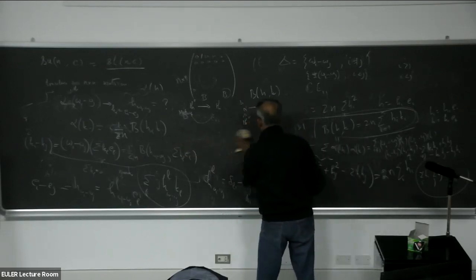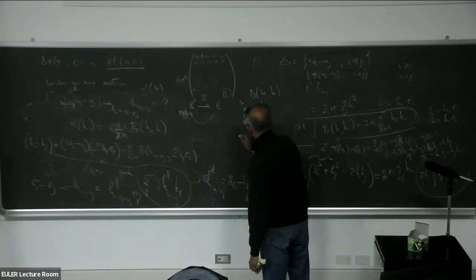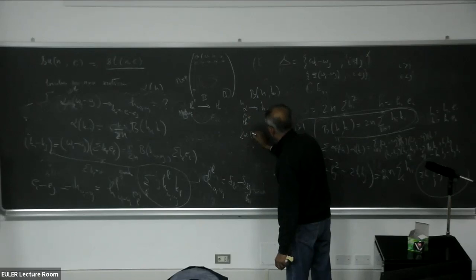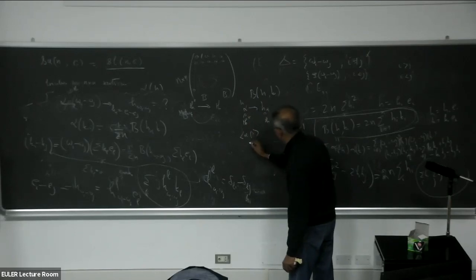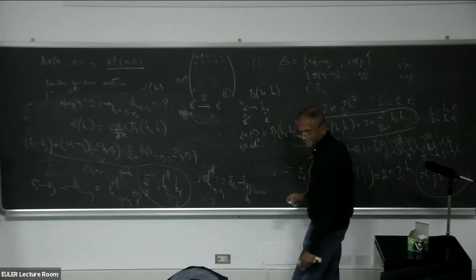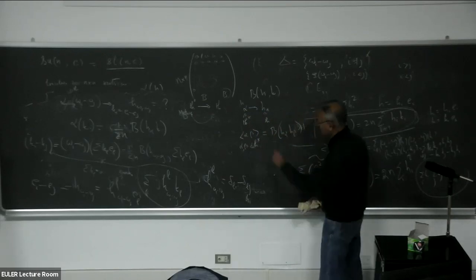And then the last step was we used this definition to define a metric on alpha, beta, where alpha and beta belong to H star. And we define it simply as B of H_alpha, H_beta, because I have a unique map.